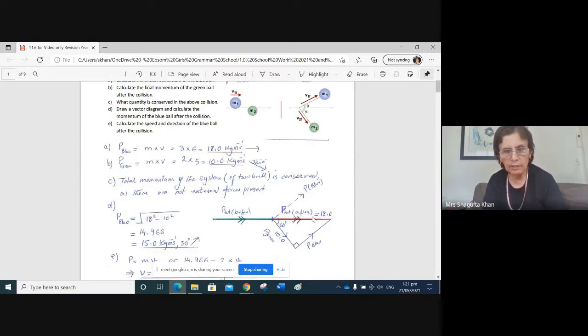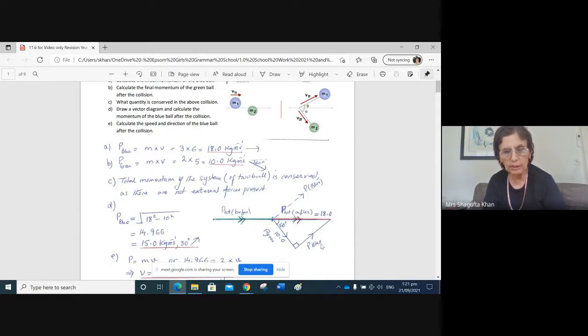Now, we've been given the momentum of the green ball, so we will draw a vector over here. This one wasn't given. By completing this vector triangle, we find that the blue ball must have a momentum in this direction, or in other words, the blue ball moves in this direction over here.